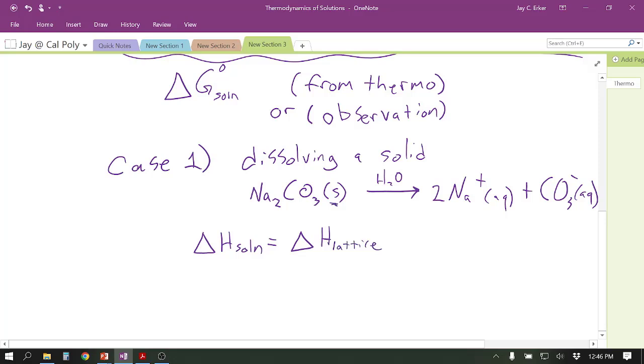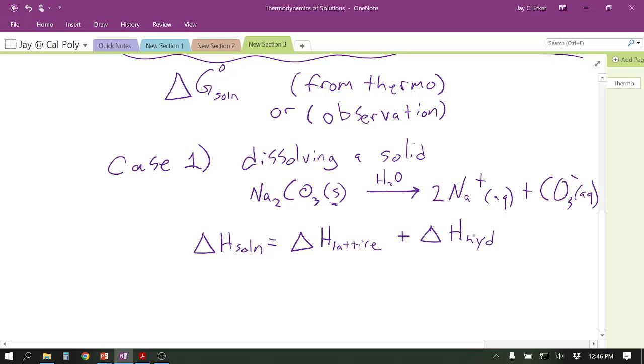So if we're looking at ionic solids, our solute is always going to be that crystal lattice term. Our delta H of solvent is always water in this case, the cases we're looking at this quarter. And our mixing is going to be the process of these ions, this sodium ion and this carbonate ion, being surrounded by water. And so we call that combined process the delta H of hydration.